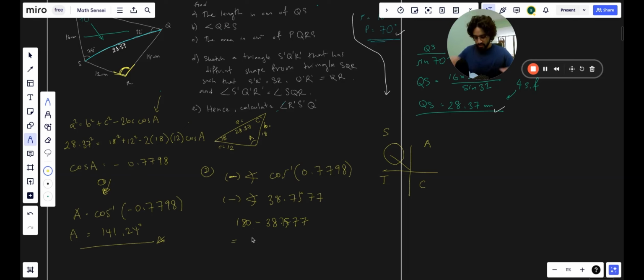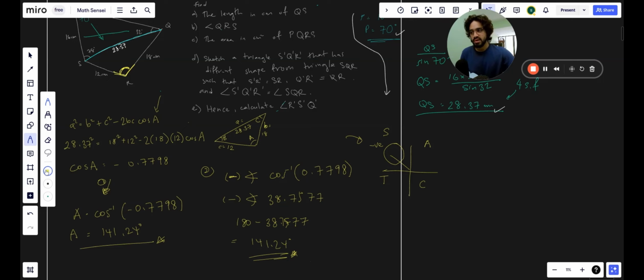From this you will get your answer 141.24 degrees. Again, just to repeat, where is cos negative? It is in the second quadrant. Negative, you find it here. So you take the 180 minus, then that is our solution. So that's how you get this answer.